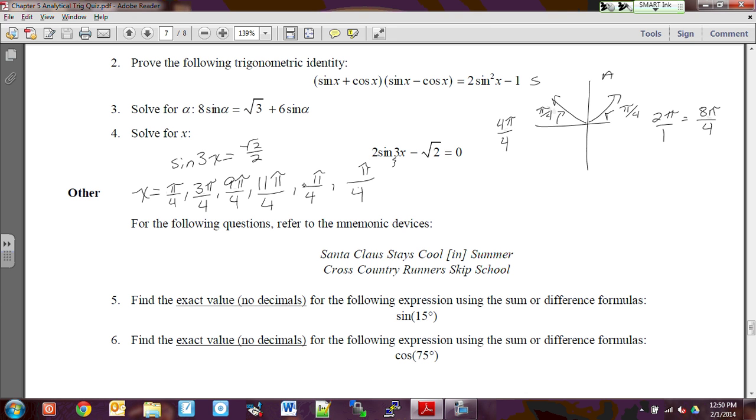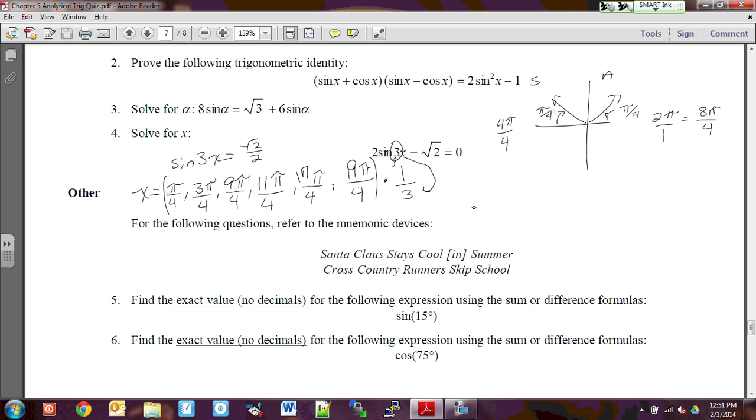So 9 and 8 is 17 pi over 4, and 11 and 8 is 19 pi over 4. Now we're still not completely done. We have to take all of these angles and multiply them by 1 over this number, by 1 over 3.